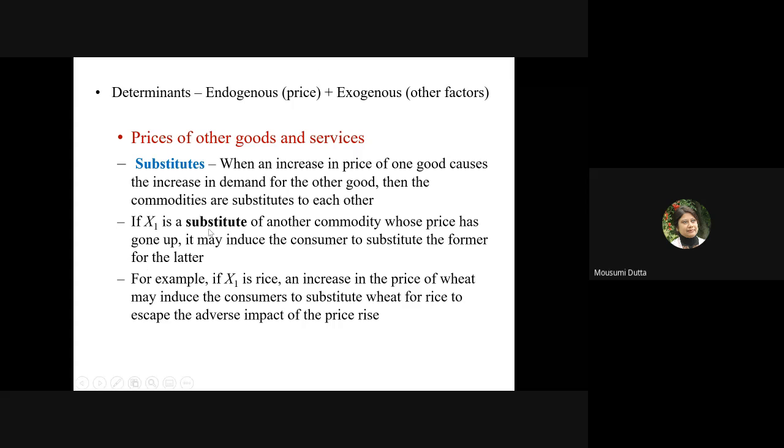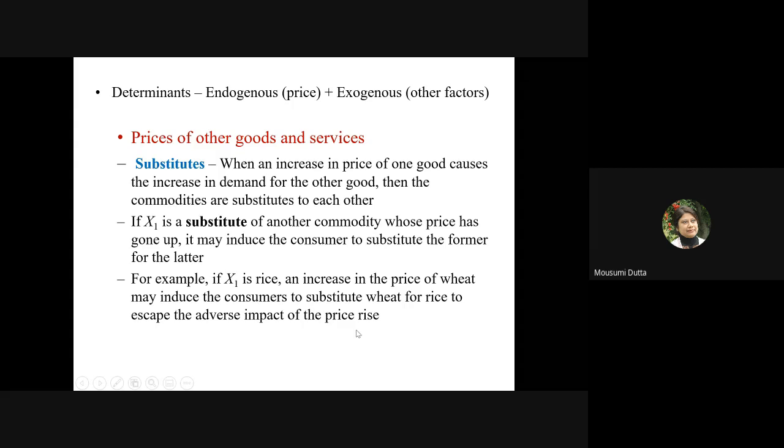So if X1 is a substitute of another commodity whose price has gone up, it may induce the consumer to substitute the former for the latter. For example, if X1 is rice, an increase in the price of wheat may induce the consumers to substitute wheat for rice to escape the adverse impact of the price rise.